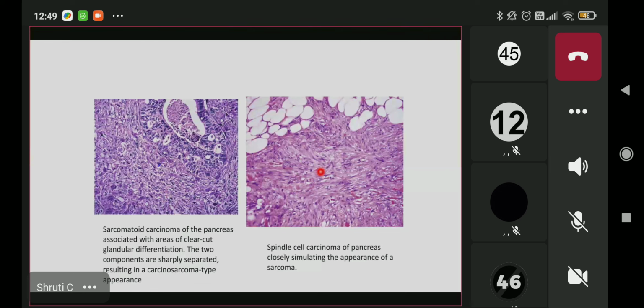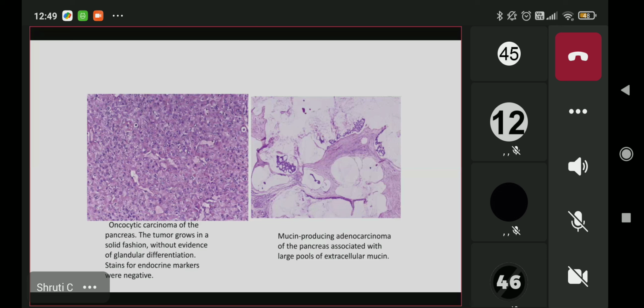This is a spindle cell carcinoma because of the appearance of sarcoma, the spindle cells you can see here. Then the oncocytic variant, where you can appreciate granular eosinophilic cytoplasm, abundant cytoplasm in each cell. This is the mucinous variant. Here there is a lot of mucin and only a few cells you can appreciate.